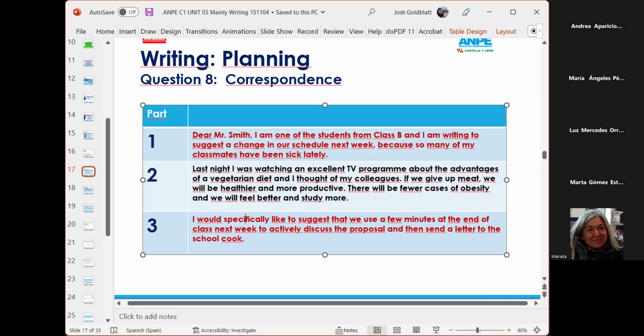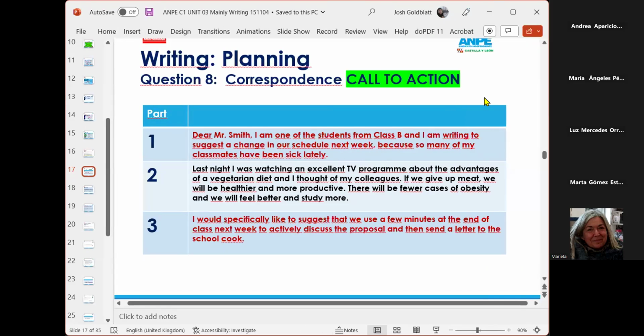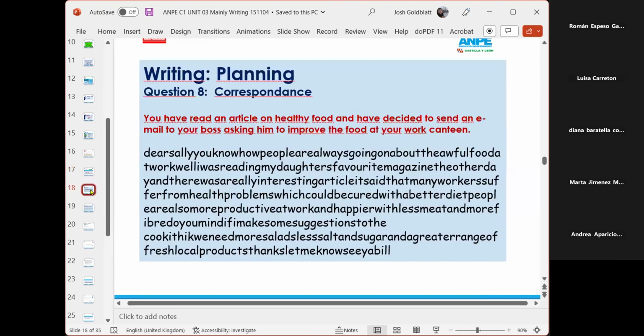And the final one is what we said before, the call to action, which is saying exactly what we are proposing. This is our proposal. So a very nice structure, very well written, absolutely perfect. And it's a good style.